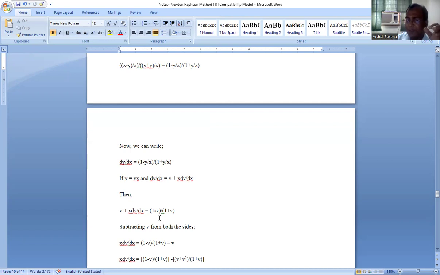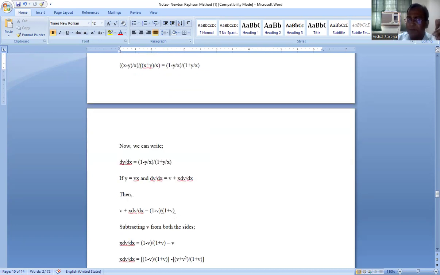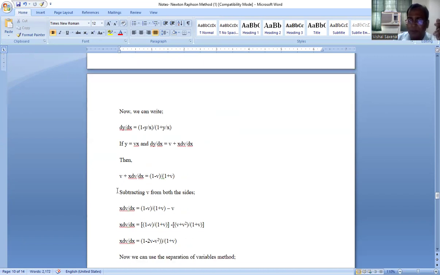And in the right hand side term, we have taken 1 minus y upon x upon 1 plus y by x, and what is y by x? That is equal to v. We can see from this term that v is equal to y by x.